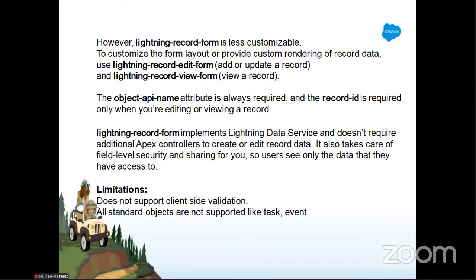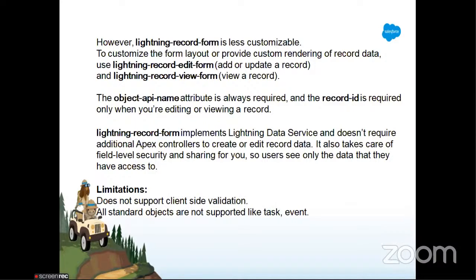It also takes care of field level security. That means whichever component you use, lightning record form, lightning record edit form, or lightning record view form, they all work on the basis of field level security, right?